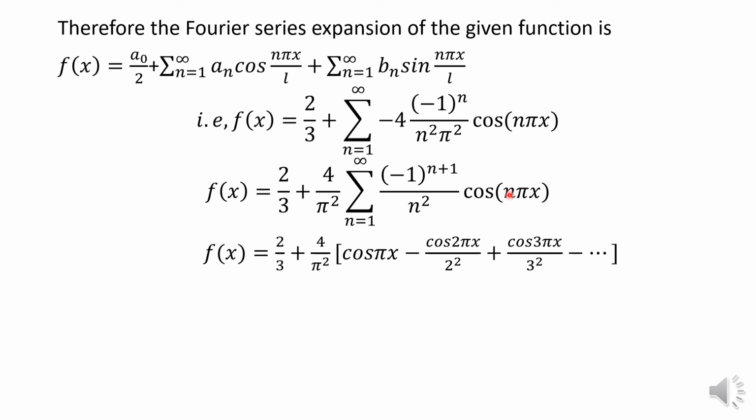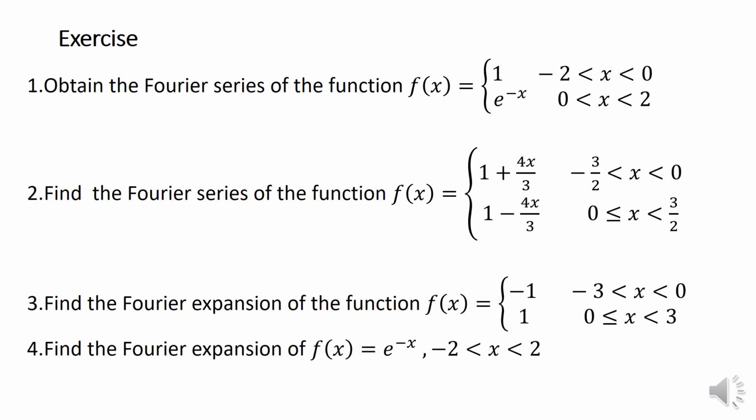For n is equal to 1 we get this term, for n is equal to 2 we get this term, for n is equal to 3 we get this term. So for odd integers we get positive terms, and for even numbers we get negative terms like this. This is the Fourier expansion of the given function.